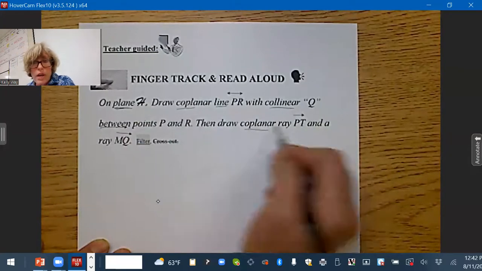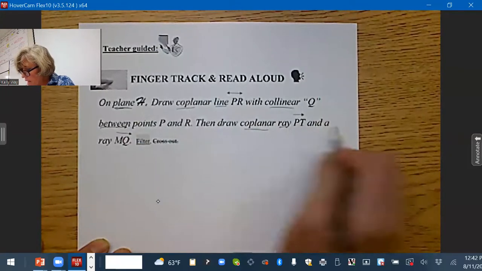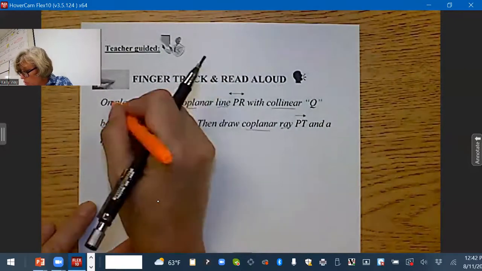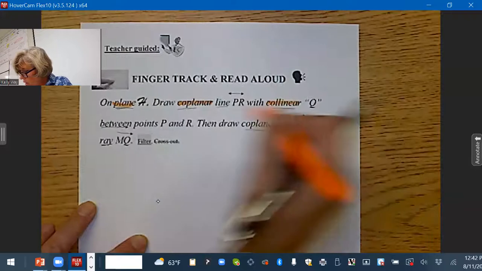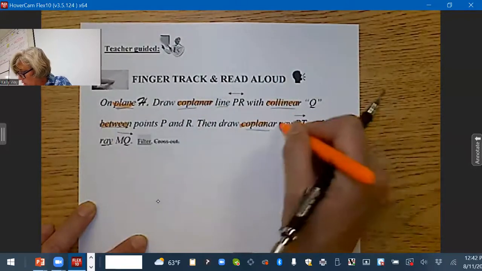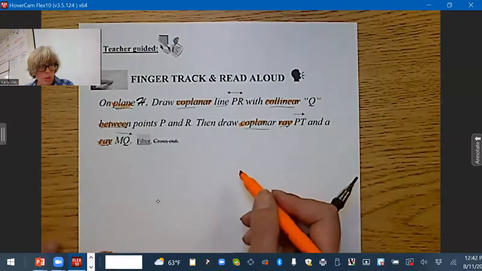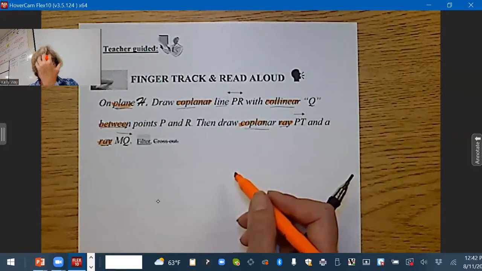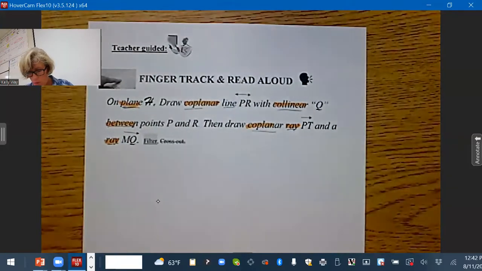Draw a coplanar ray and another ray. You're either underlining or, if you prefer, you can have a highlighter, whatever strikes your fancy. This is called filtering. This is pass number 2. This helps your brain filter what's essential to diagramming.